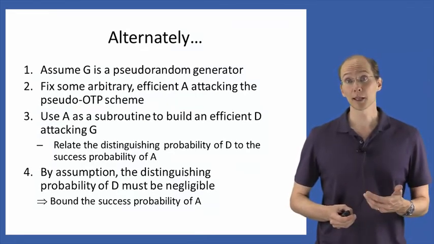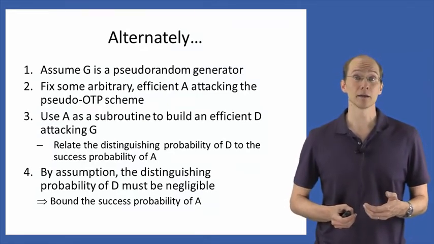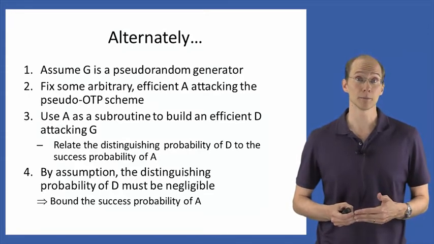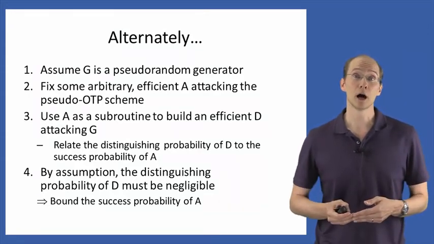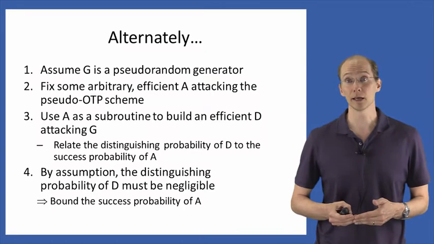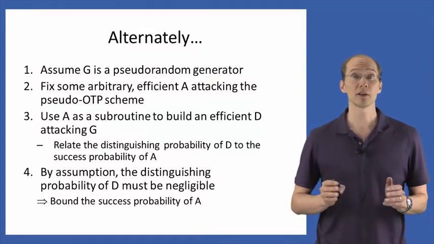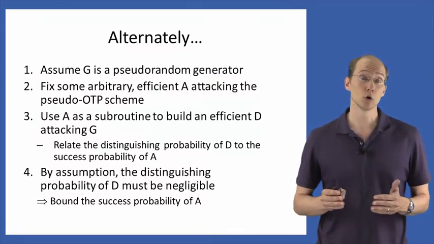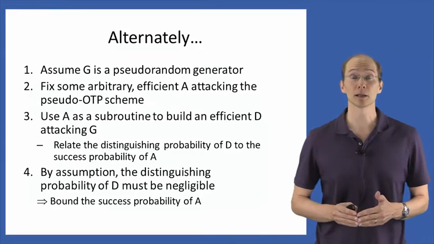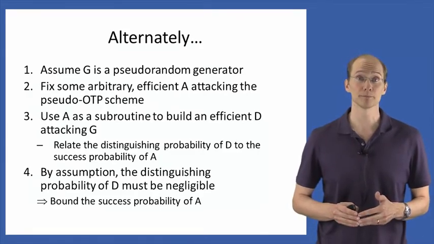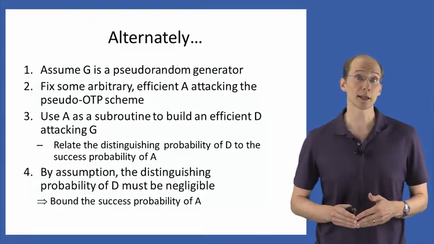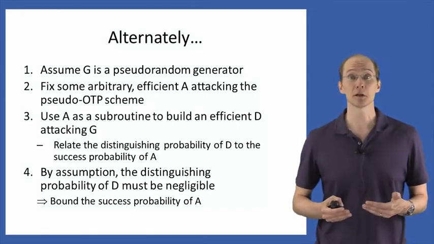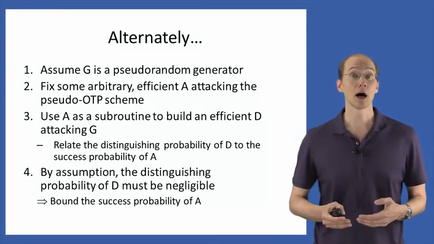We'll then fix some arbitrary efficient A attacking the pseudo one-time pad scheme. Here we're not assuming anything about the success probability of A in attacking the scheme. We're just given that it's some arbitrary A who is efficient, i.e. running in probabilistic polynomial time. We then use A as a subroutine to build an efficient distinguisher D attacking G.